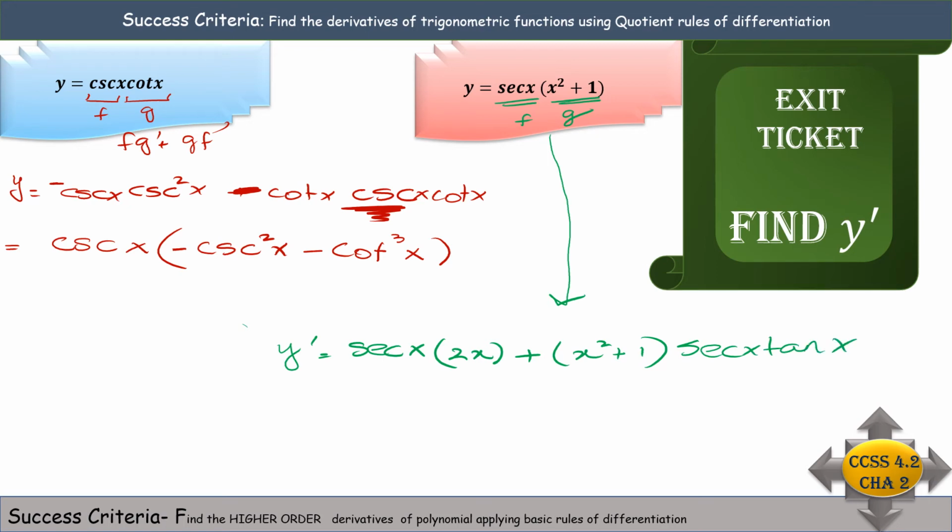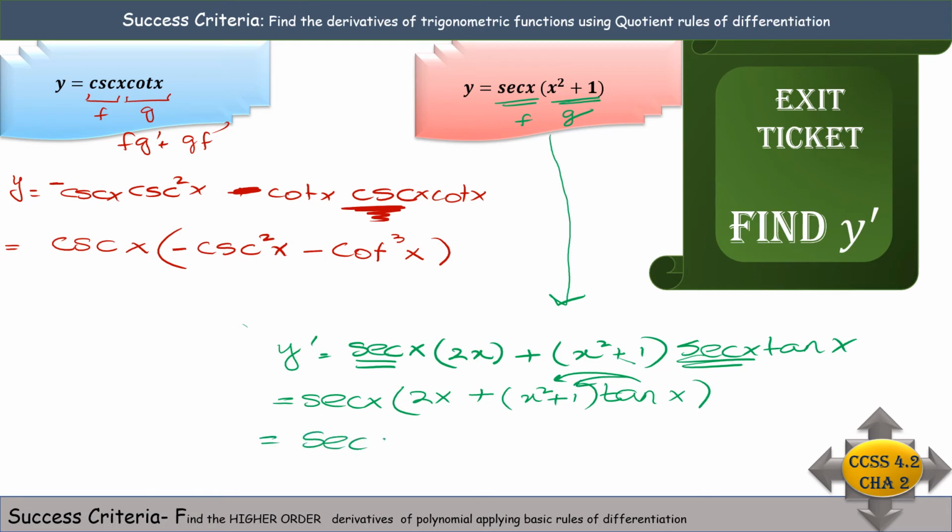I have only one common, that is sec x, so I will take the sec x common. What is left I will write inside, that is 2x plus (x square plus 1) and then 10x. If you want, you can open the bracket with the 10x, otherwise you can leave it over here. So you will get 2x plus 10x and x square plus 10x.